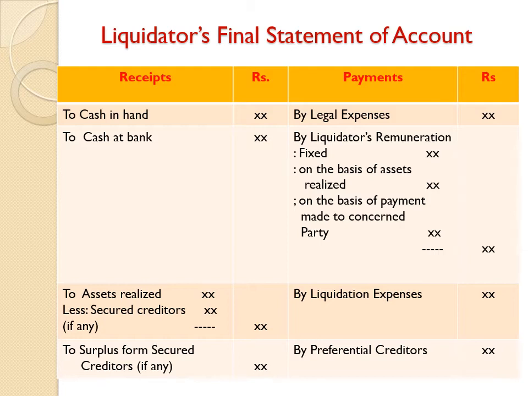Therefore, after selling the asset, the amount realized is called assets realized. From this, secured creditors are deducted if paid. If the secured asset is sold by the creditor himself and the surplus is given by them to the liquidator, it is recorded as surplus from secured creditors.